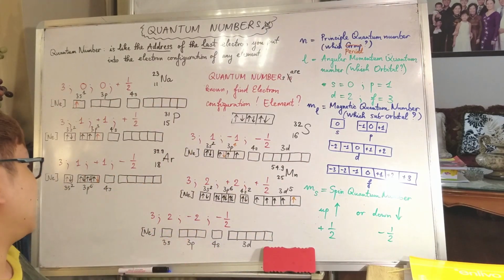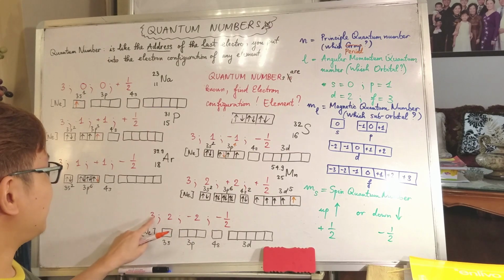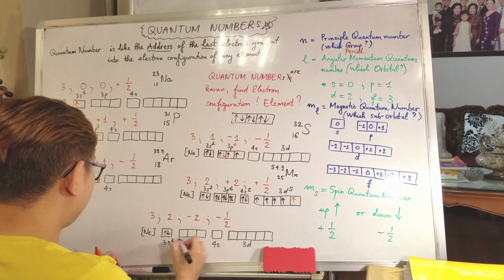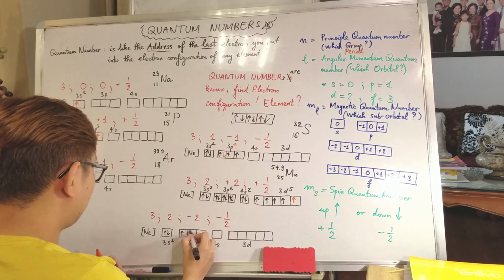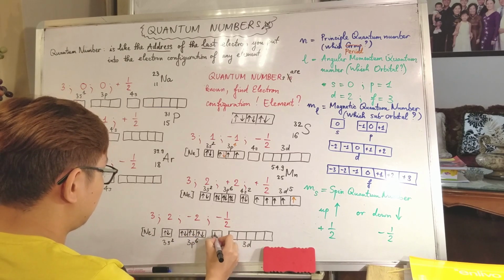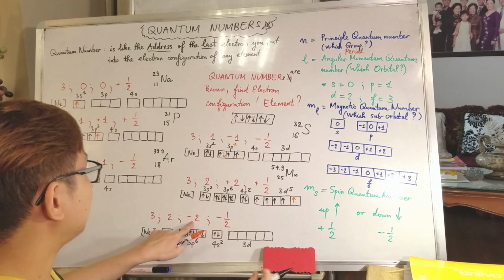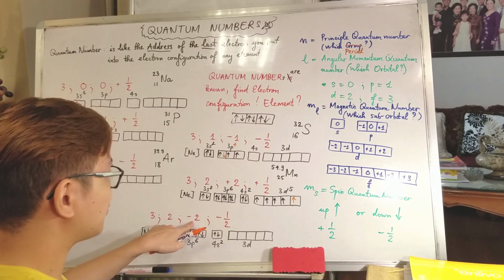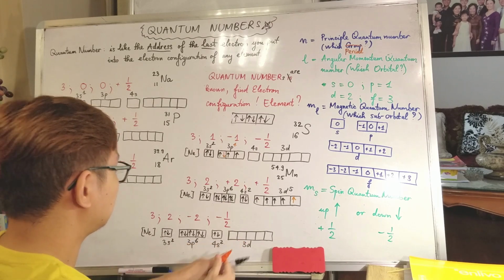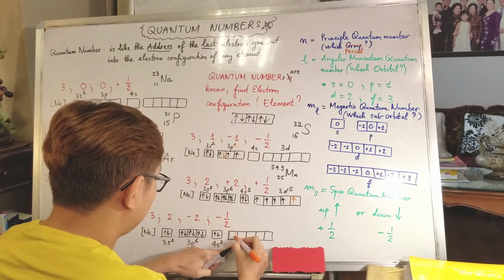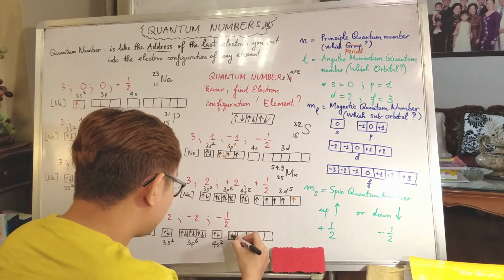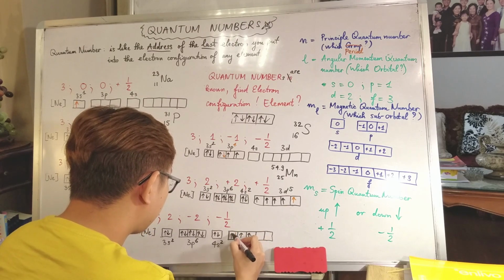Alright, the last case, same thing. It lies in 3d, which means all these things have to be filled first. And then it lies in the -2 square, so all the way here, and it's going down. So when it's going down, you know that all these things have to be half filled first before it.